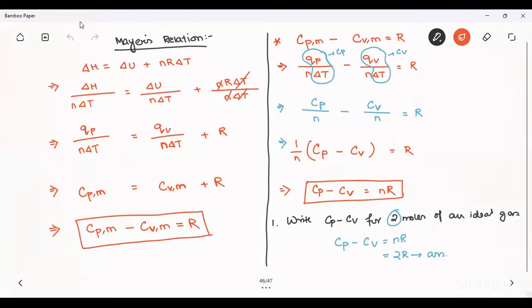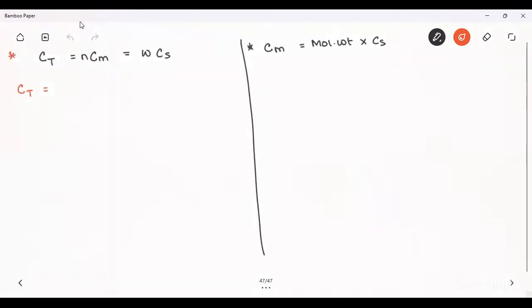After tomorrow's class, start revising. So CT is Q by delta T. What is CM? CM is Q by n delta T. What is CS?